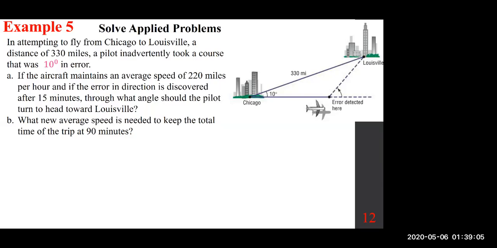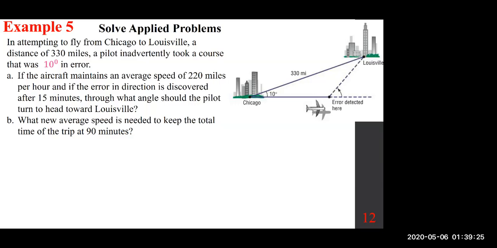B, what new average speed is needed to keep the total time of the trip at 90 minutes? Thank you so much. So all of these are calculations that the aircraft, the pilot, and people in charge should figure out, okay?